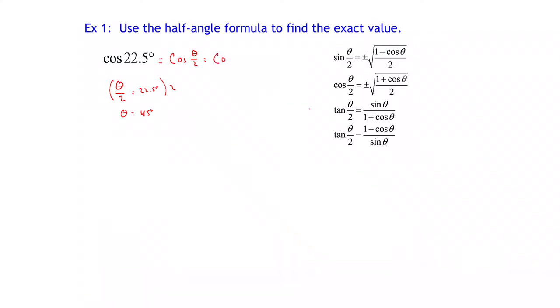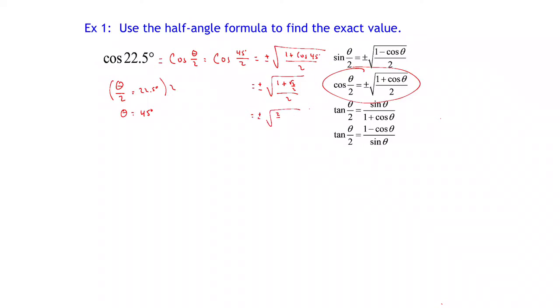So we will rewrite this as cosine of 45 degrees divided by 2, and then we will use the half angle formula for cosine as plus or minus the square root of 1 plus cosine of 45 degrees divided by 2. We will then evaluate. Cosine of 45 is square root of 2 over 2, so we'll need to find a common denominator.